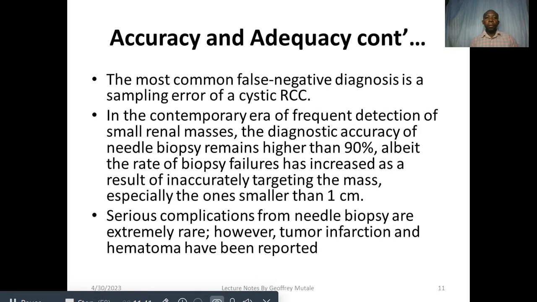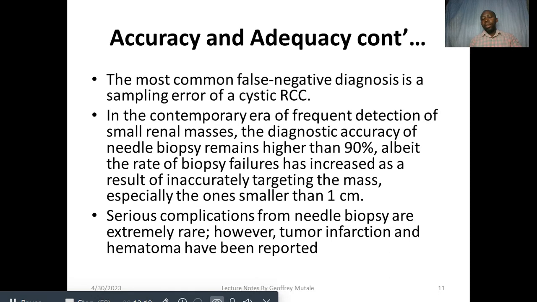The most common false negative diagnosis is a sampling error of a cystic renal cell carcinoma. And in the contemporary era of frequent detection of small renal masses, the diagnostic accuracy of needle biopsy remains higher than 90%, albeit the rate of biopsy failure has increased as a result of inaccurately targeting the mass, especially the one smaller than 1 centimeter.